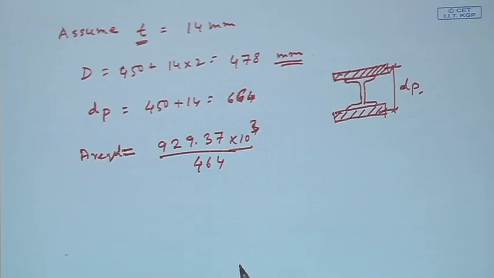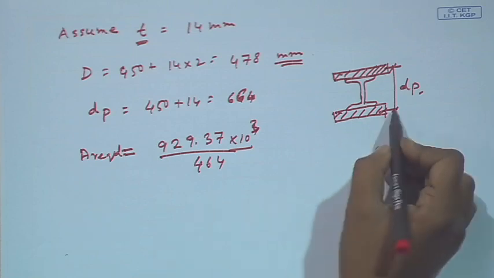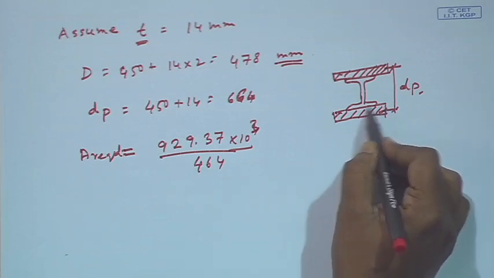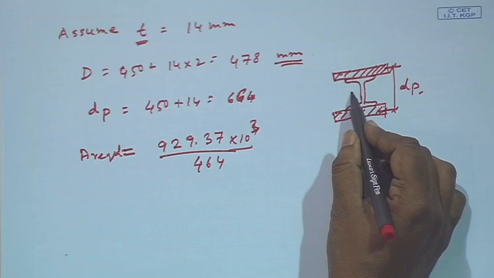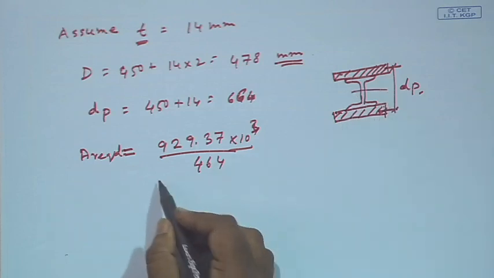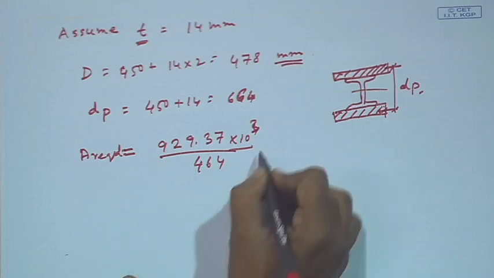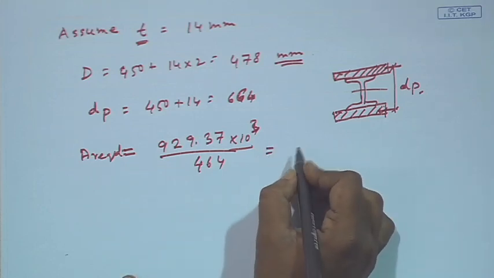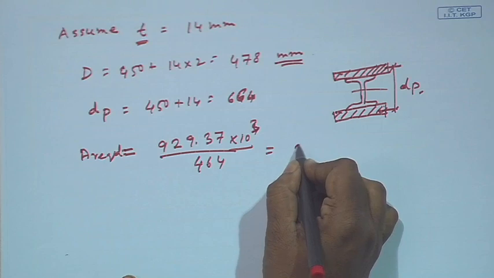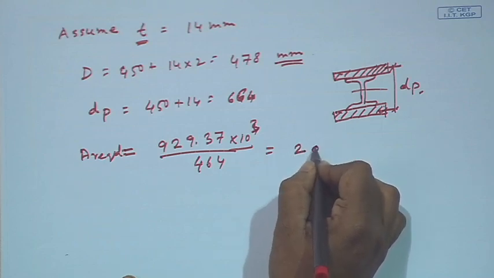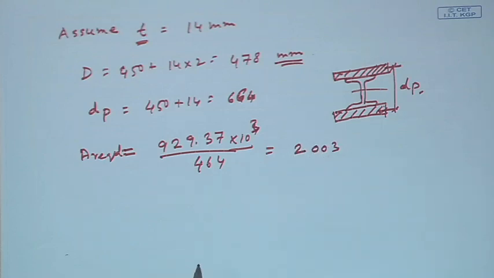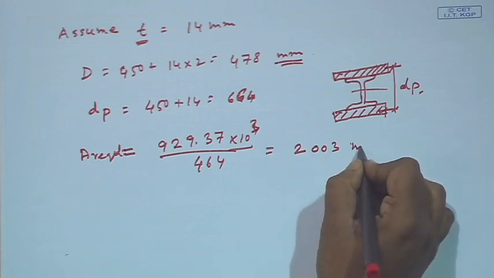We know the section modulus of the plate will be the area into the CG distance. So, if we equate, we can find out the area. So, the area of the plate is 2003 millimeter square.